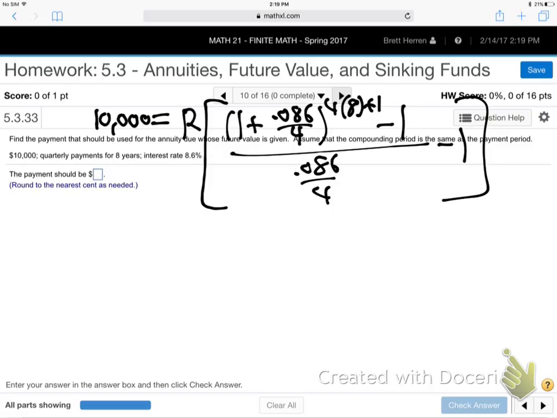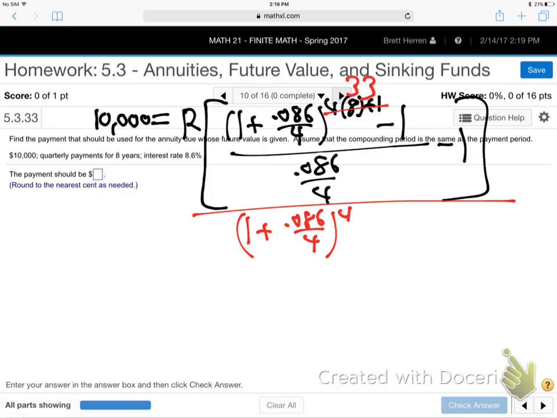Okay, so I would then divide by this entire ugly thing. That power is 33, right? The powers, I just always figure them out by themselves. 4 times 8 is 32, add 1 is 33. That makes it easier. So that power is just 33.